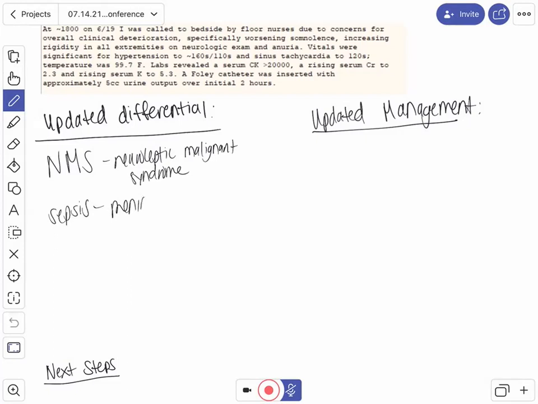Sepsis, meningitis. Table 3, anything else on your differential? Serotonin syndrome. So that SSRI that she was on could be playing a role as well. Okay, anything else that people thought of in terms of what could be going on with this lady?